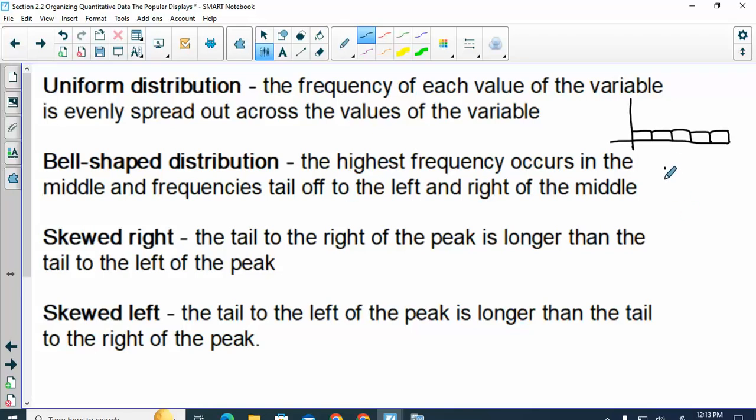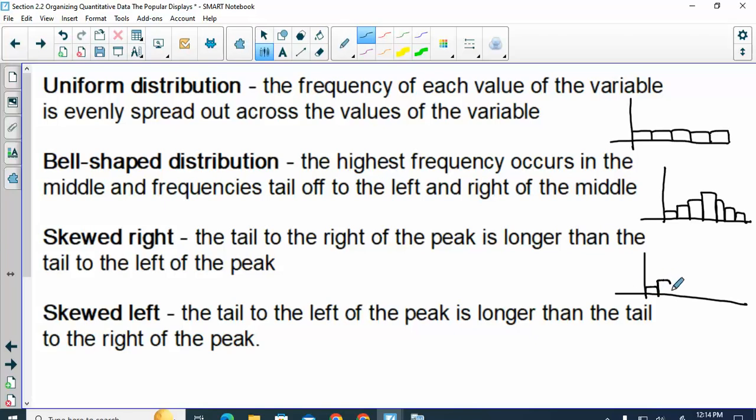Bell-shaped is when the highest frequency is the middle and it tails off as we go either direction. So you see it peaks in the middle, both ends are pretty similar. Skewed right says the tail to the right is longer than the tail to the left.